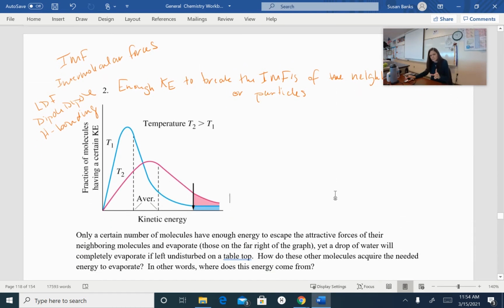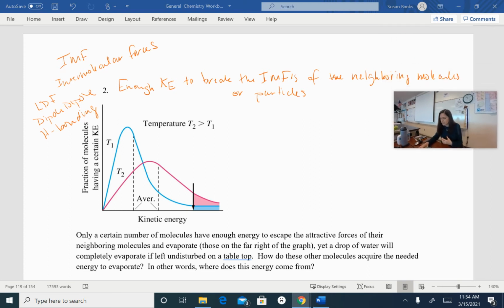Okay, think about this. If I'm going to look at the blue line, that's T1, and only a certain amount of molecules in a group will actually have enough kinetic energy to break free of those intermolecular forces.